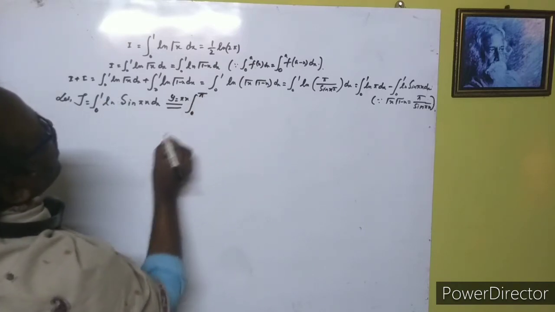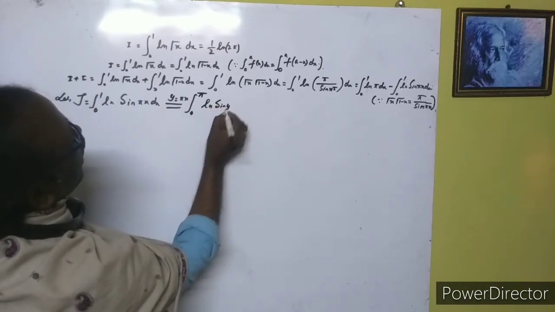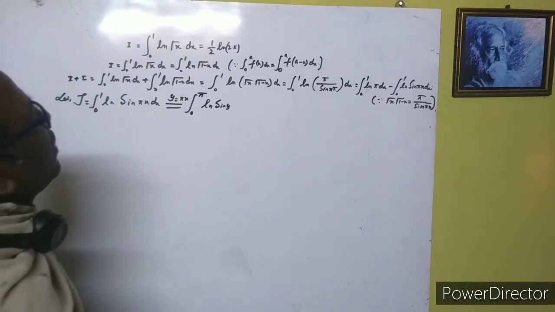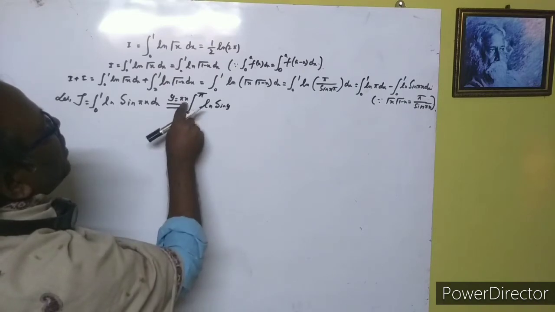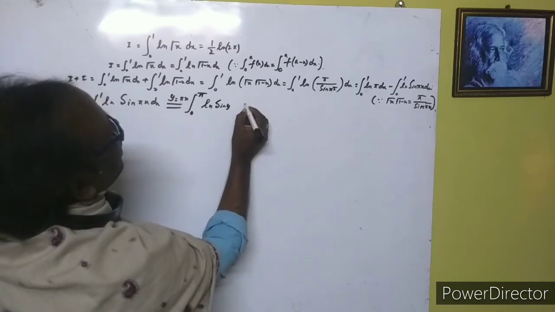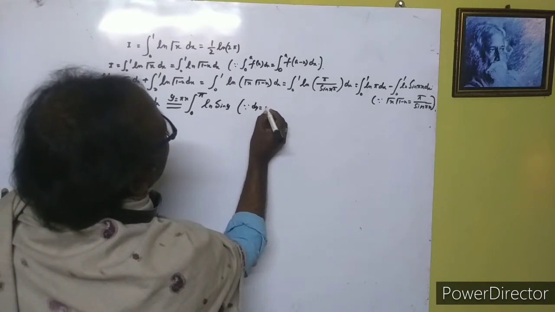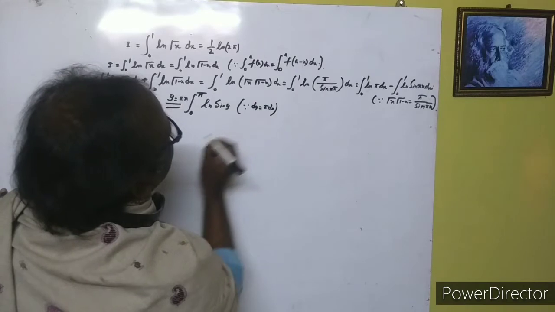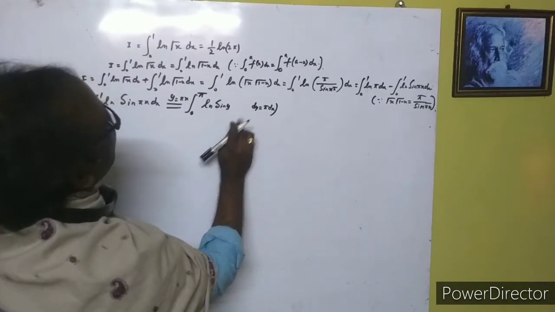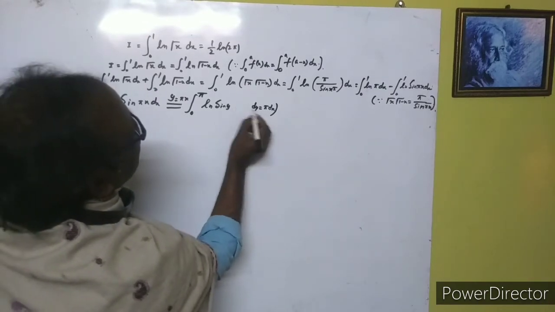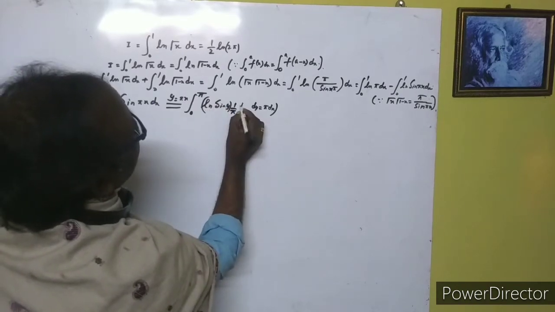The integrand is ln sin y. If we differentiate, dy equals pi dx, so in place of dx we put 1 by pi dy.